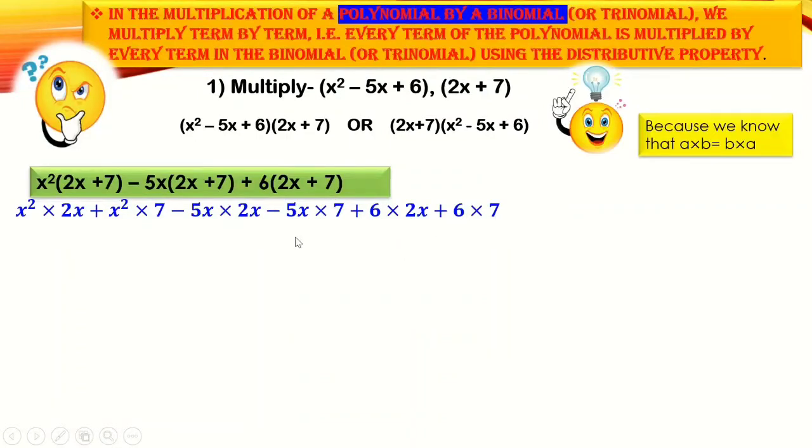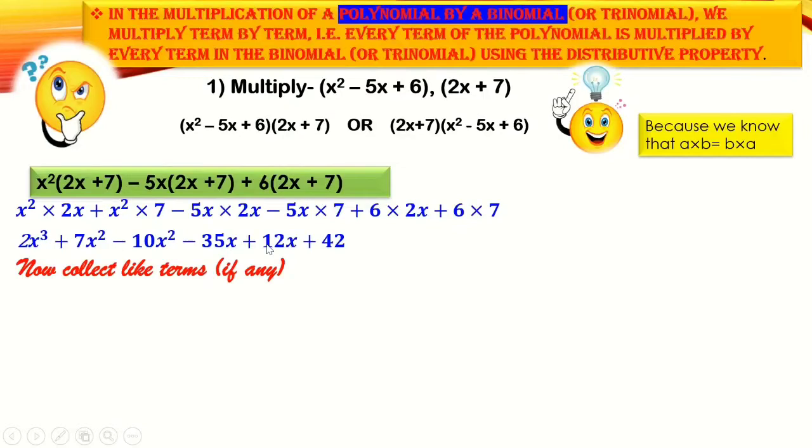So next step, we are just multiplying the terms now. 2x cube, 7x square, minus 5 into 2 is minus 10, and x into x square, minus 5x into 7 is minus 35x, 12x, and then this is giving us 42. Now if any like terms are there, you can just collect the like terms and simplify further. You know how to add or subtract. If you don't know, please watch the previous video.